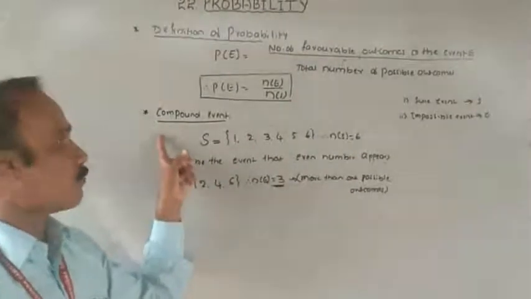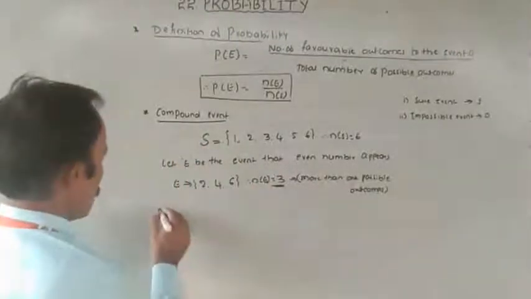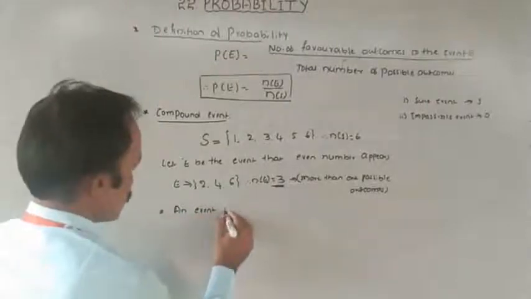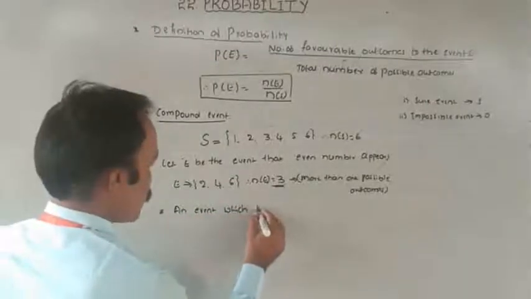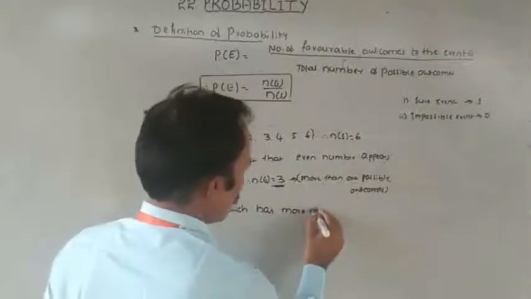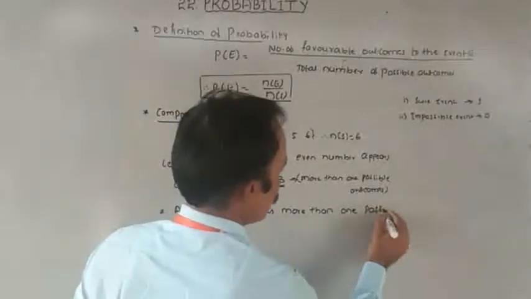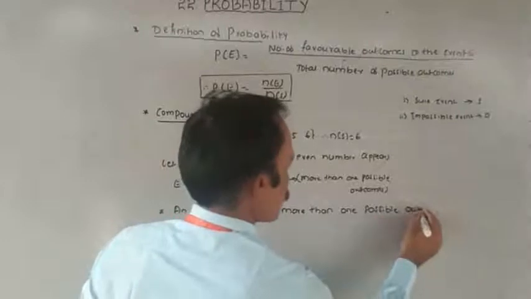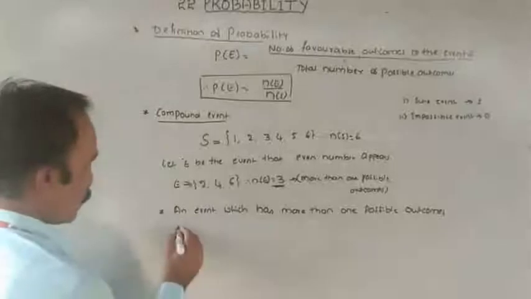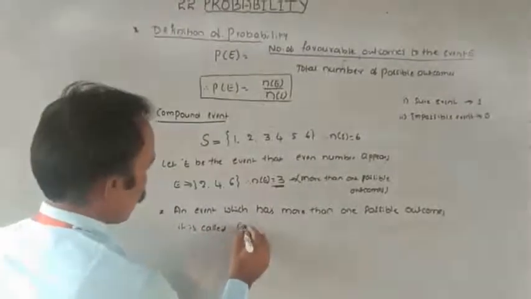What is the meaning of compound event? Let's note down the definition. An event which has more than one possible outcome is called a compound event.